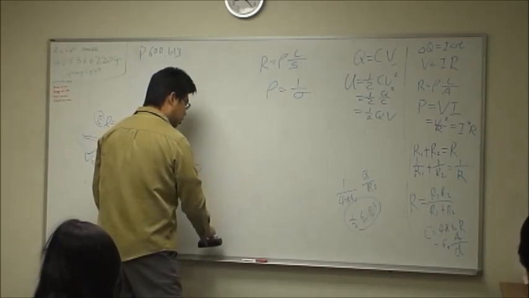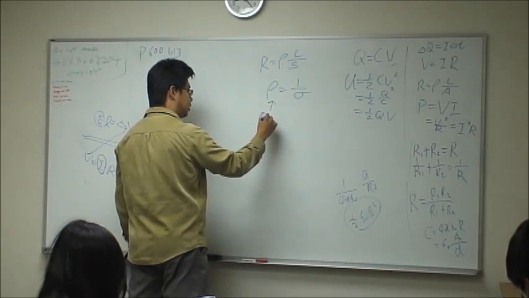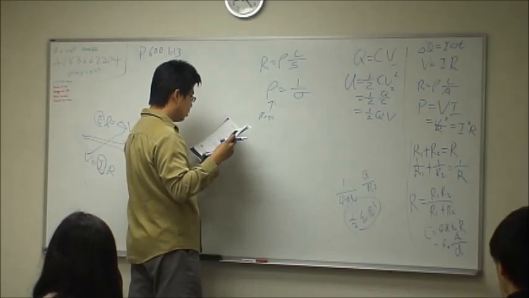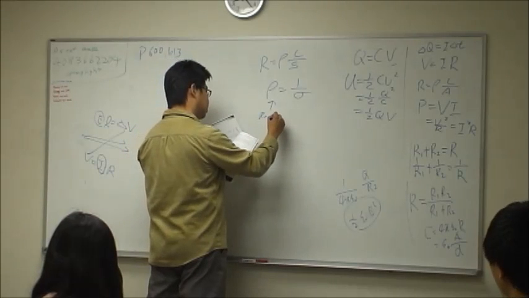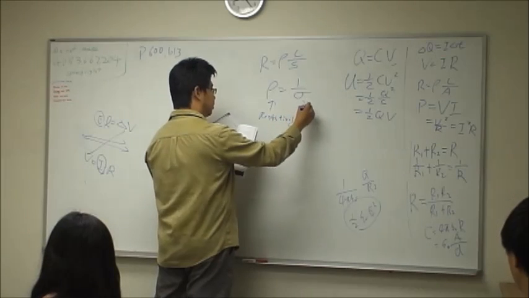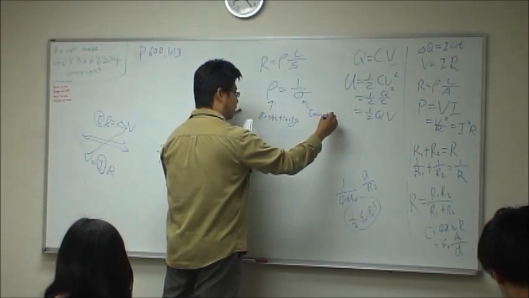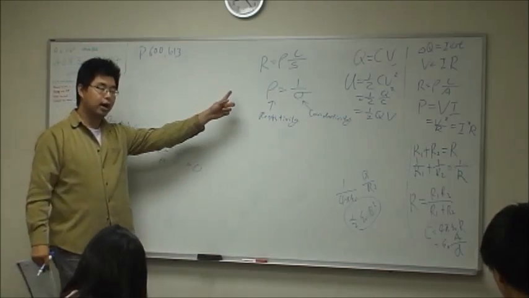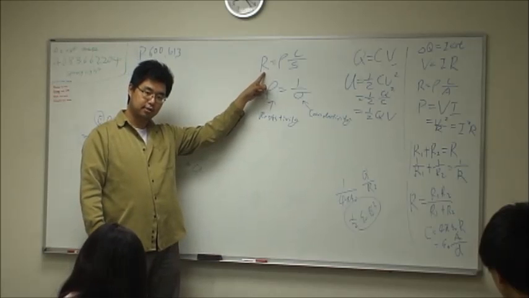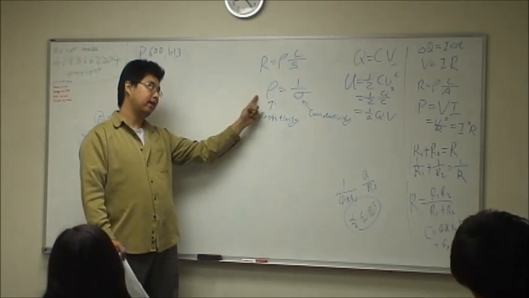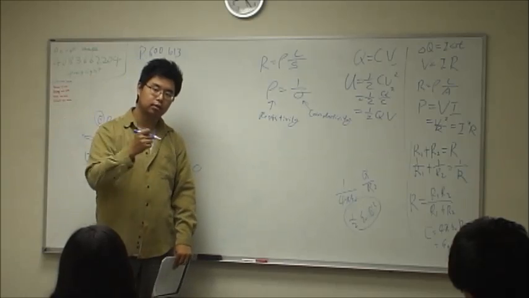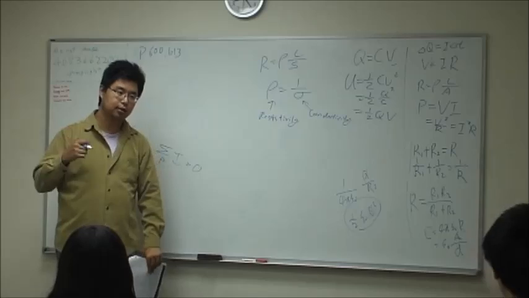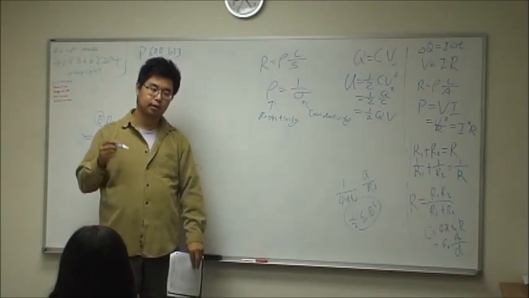The rho is the resistivity, and the sigma we call conductivity. The higher the rho, the higher your resistance, meaning the electron has a harder time moving through it. 1 over rho is sigma, so the higher the sigma, the easier the conduction.